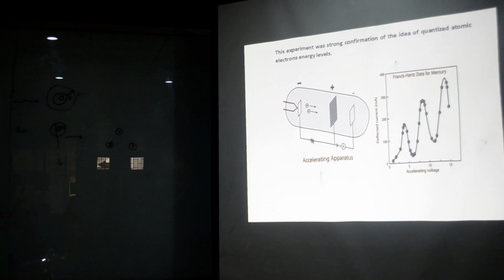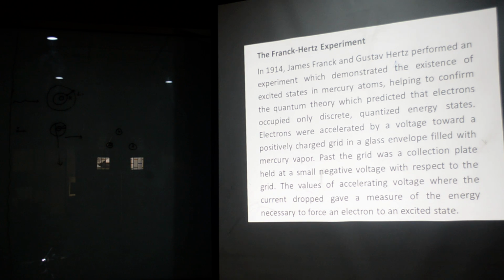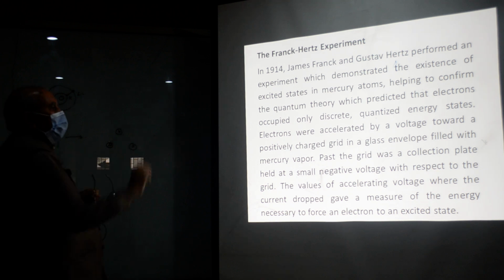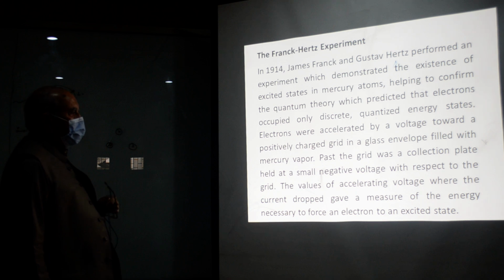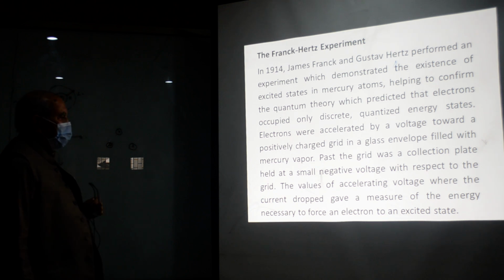Now these peaks correspond to the potential energy of the electron, which is taken from the lower energy level to the higher energy level. So this is what Franck and Hertz did. Past the grid was a collection plate held at a small negative voltage with respect to the grid.